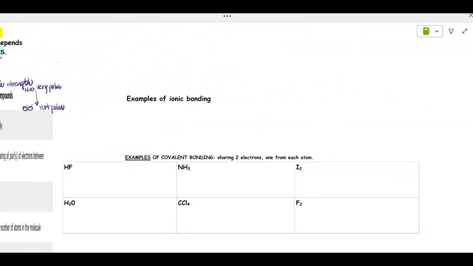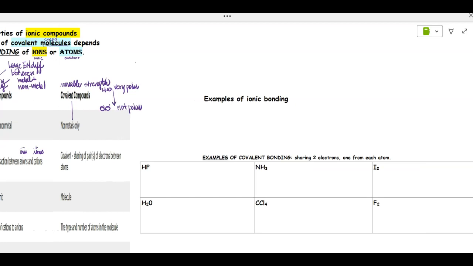So I'm going to remind you again about ionic bonding. We will pick Na, which has 1 valence electron. We'll show this with Lewis dots. And fluorine has 1, 2, 3, 4, 5, 6, 7.